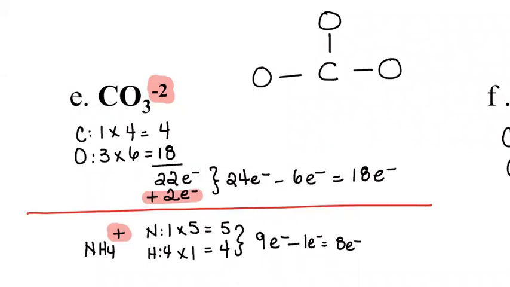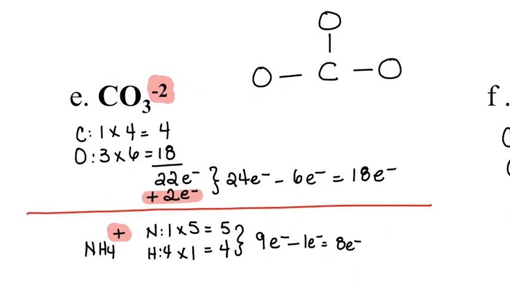All of these elements want an octet. Carbon wants 8 electrons, oxygen wants 8 electrons. Now, we always have to fill the octet from the outside atoms in. So it doesn't matter which oxygen you pick, wherever you start with, how many dots do we need to put on oxygen in order to achieve an octet?